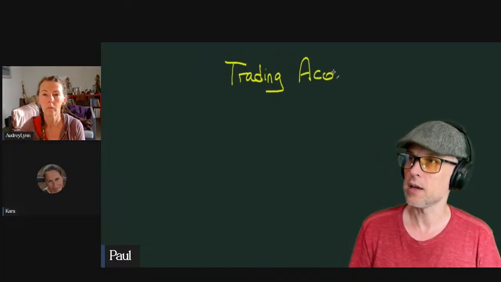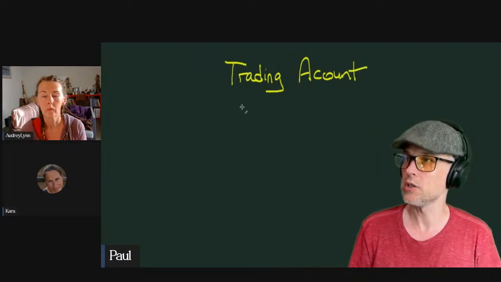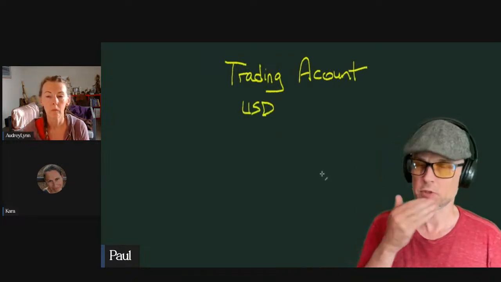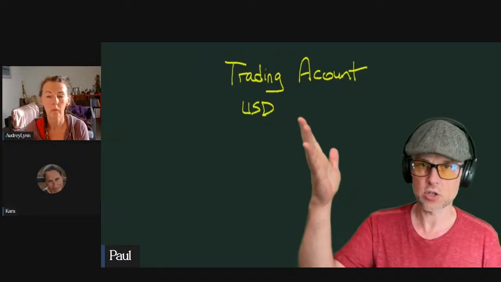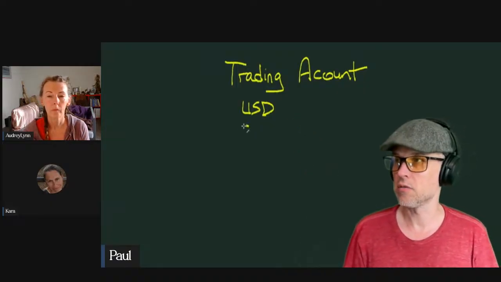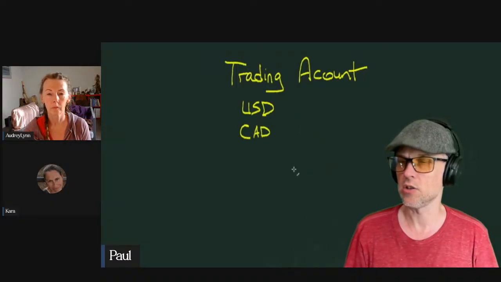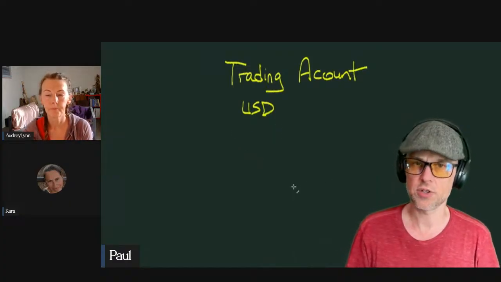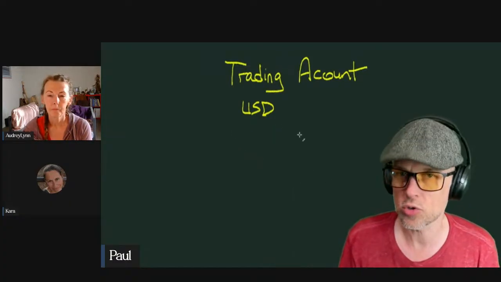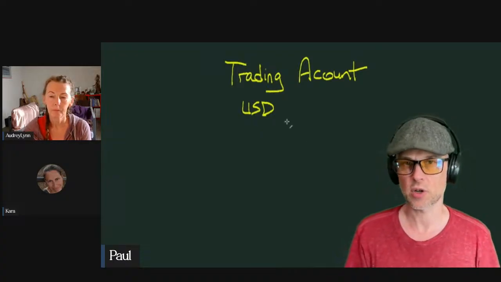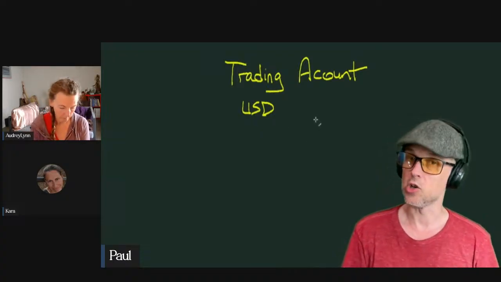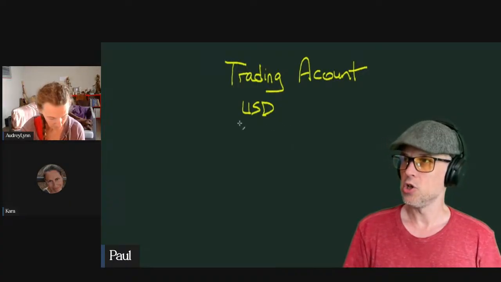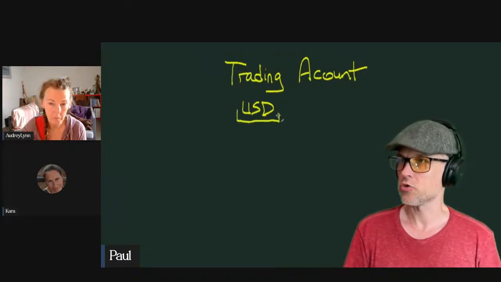And the trading account is usually denominated in USD, depending on where that exchange is. If you're in Canada, then you'll see it in Canadian dollars. But it doesn't really matter. It's going to be the base currency of that jurisdiction. We're going to use USD just because of the volume of trades that occur in cryptos with the USD. So USD gets deposited into this trading account.